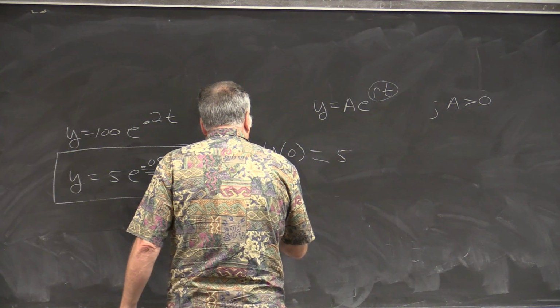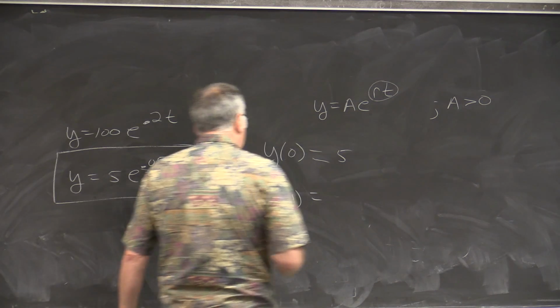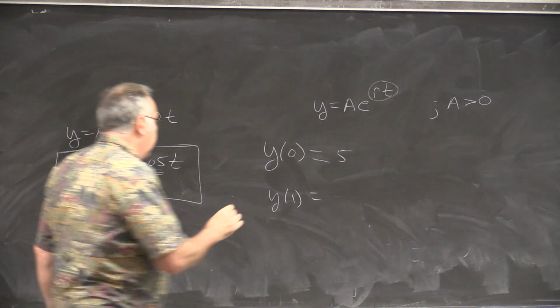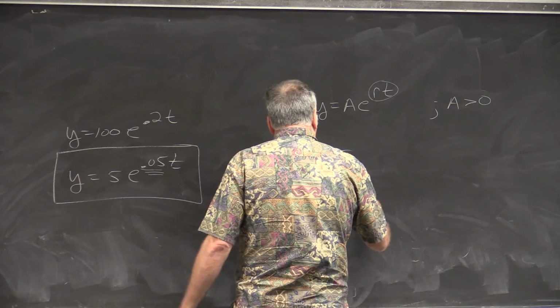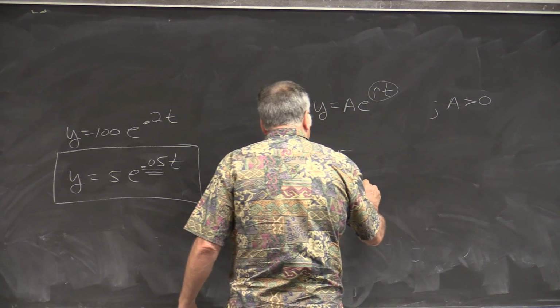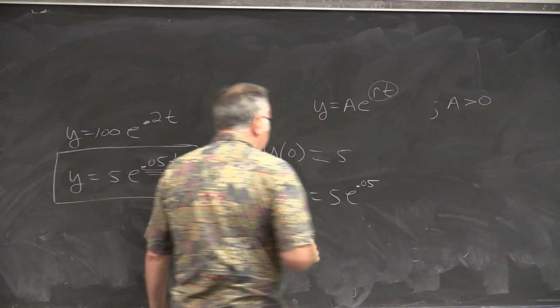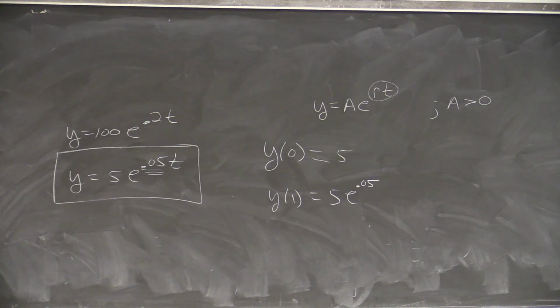What is y of 1? Well, it would be 5 times e to the 0.05. Now, find e to the 0.05 to a few decimal places, and then multiply it by 5, and what do you get? 5.26.